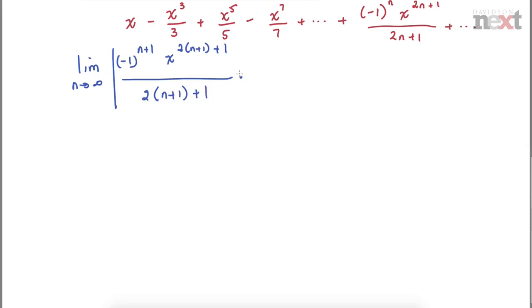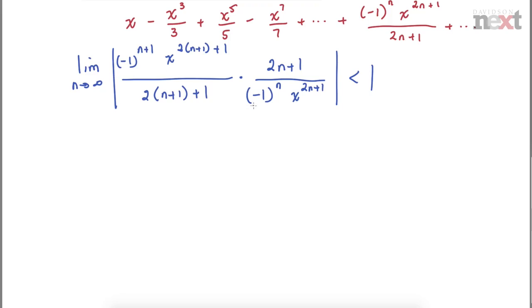And again, I will multiply by the reciprocal of the nth term, 2n plus 1 over negative 1 to the nth, x to the 2n plus 1. And we need that absolute value to be less than 1. Because we're dealing with absolute convergence, the negative ones are not important.